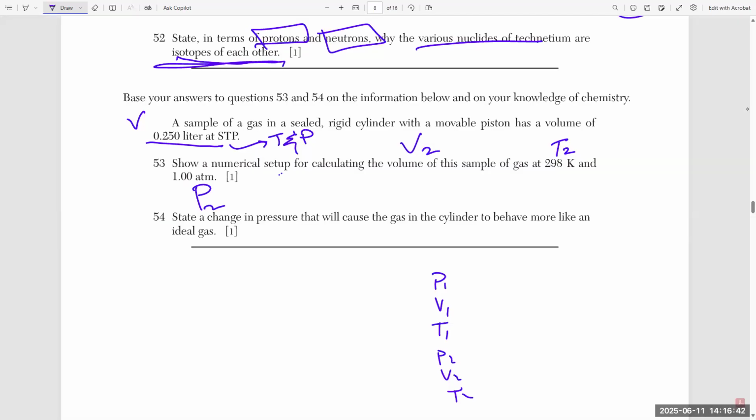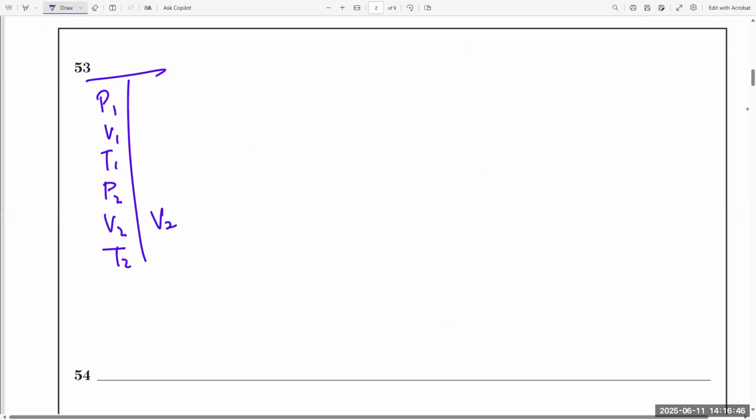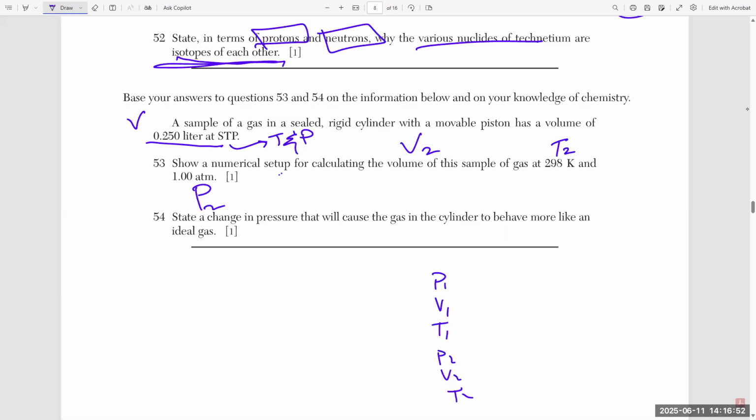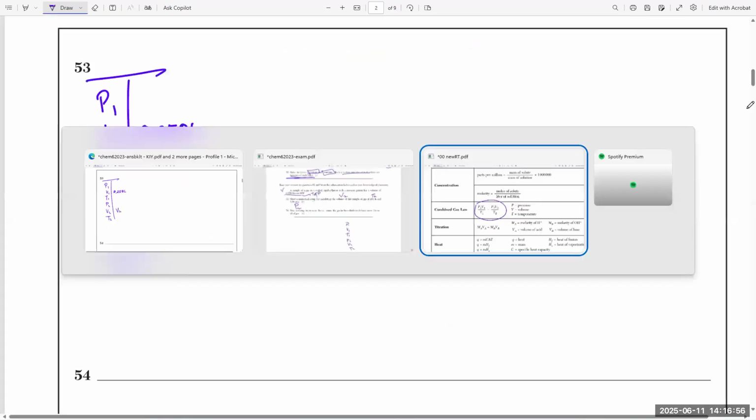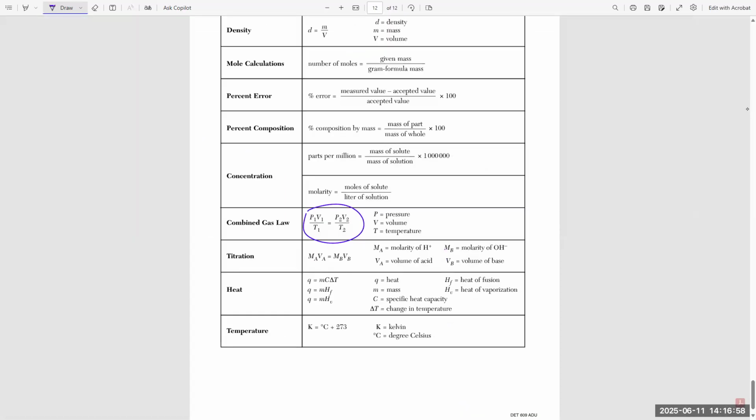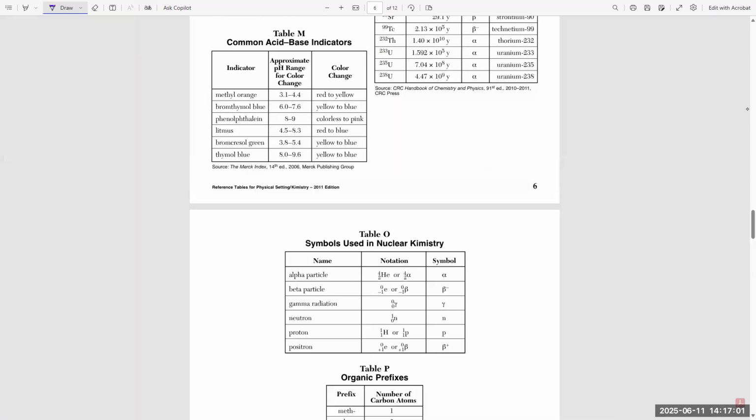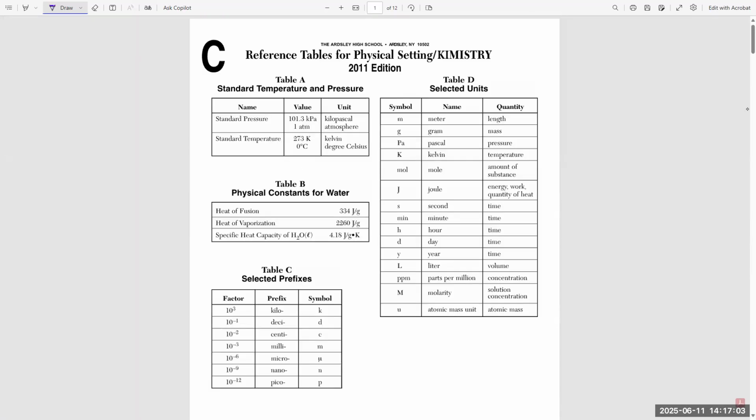It says our volume initially is 0.250 liters, so I'm going to write that down, 0.250 liters. And then we have STP. So what does that mean? If it's STP, some of you should know the values. It's 1 atmosphere and 273 kelvins. But if you didn't, it is right here.